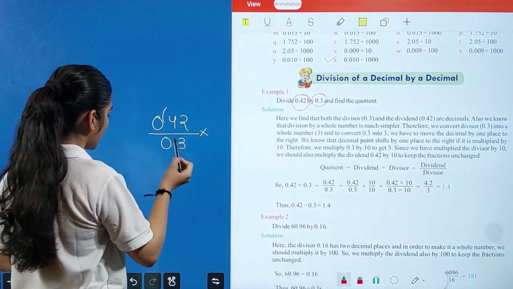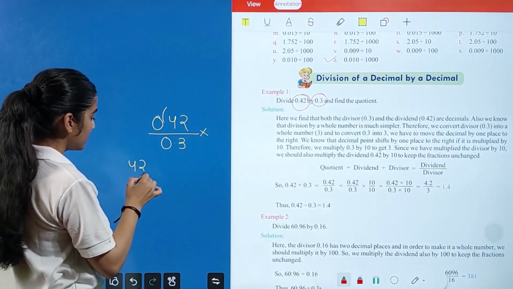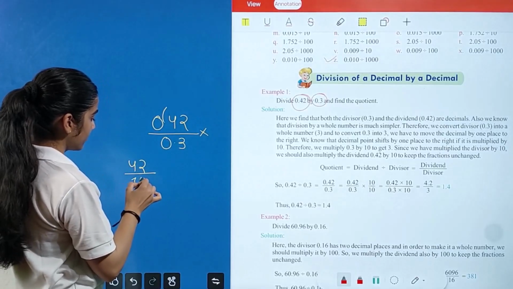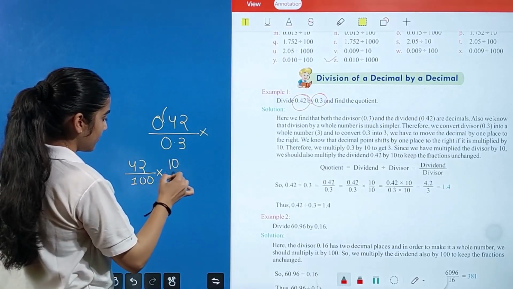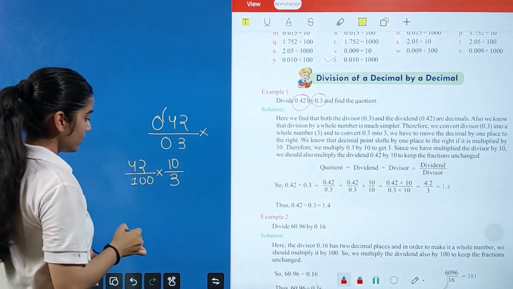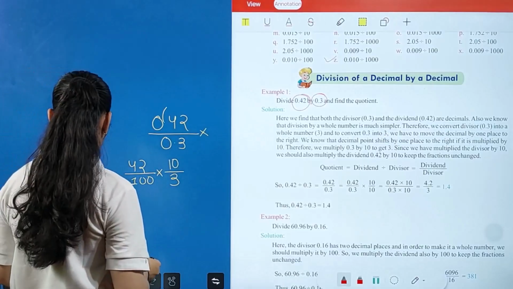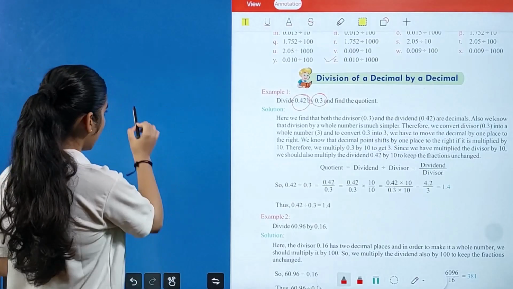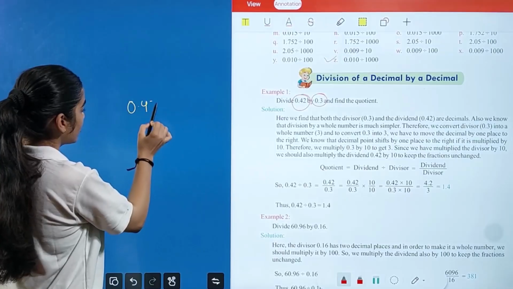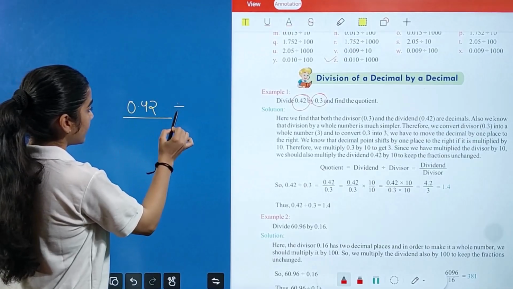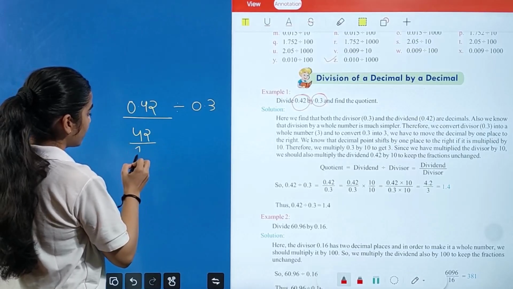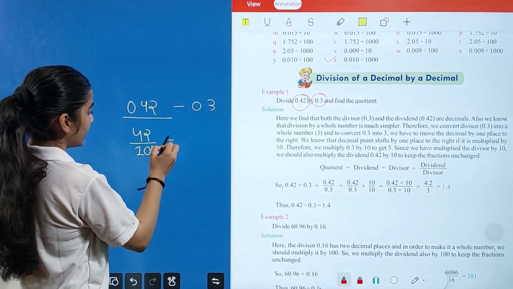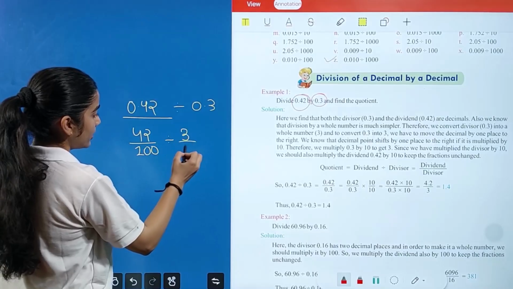You can write like this also, 42 by 100 and 10 by 3. Let's see the whole process: 0.42 divided by 0.3, 42 upon 100 in fraction form, divided by 3 upon 10.